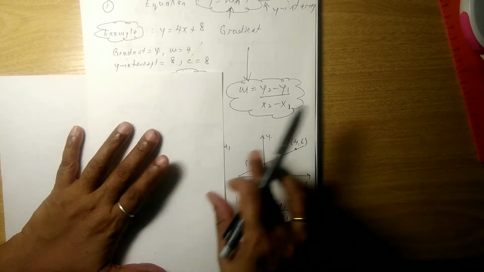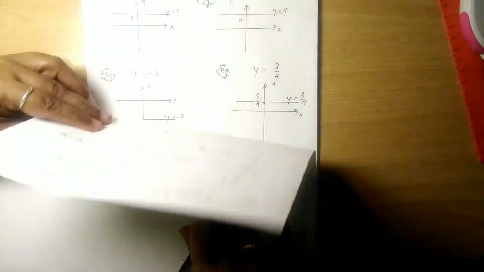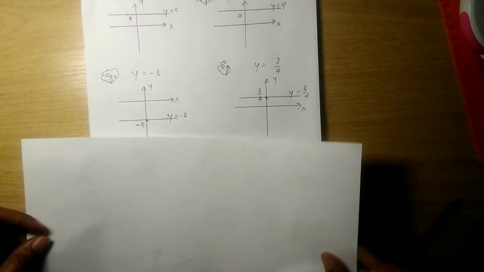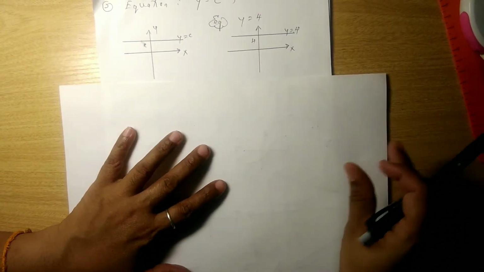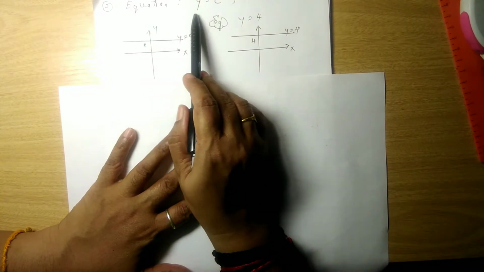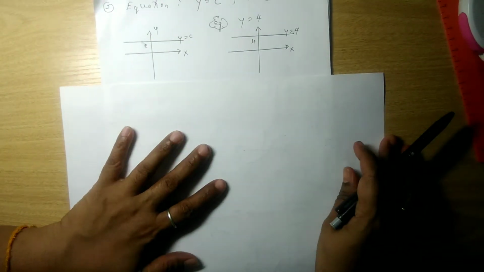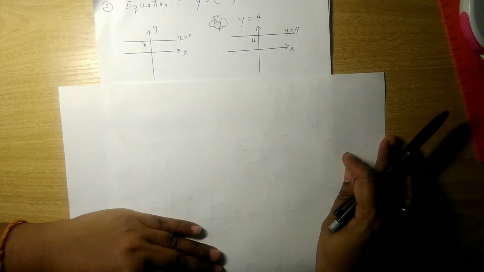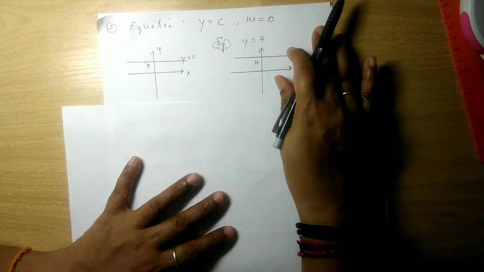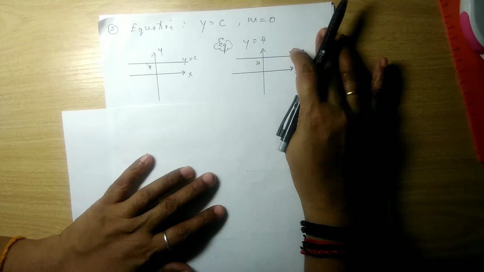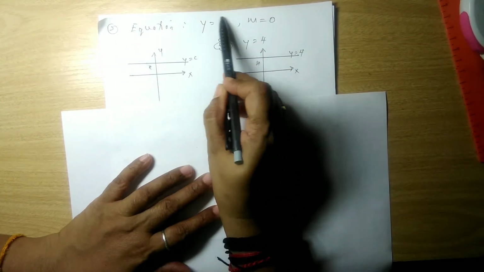Now the second type of equation that you can get is this type, whereby you have the equation y = c. When y = c, it means my m is actually 0. There's no gradient, and c is your y-intercept.